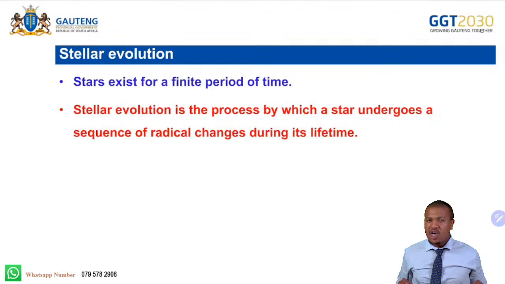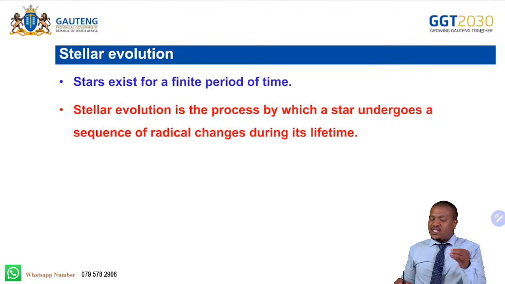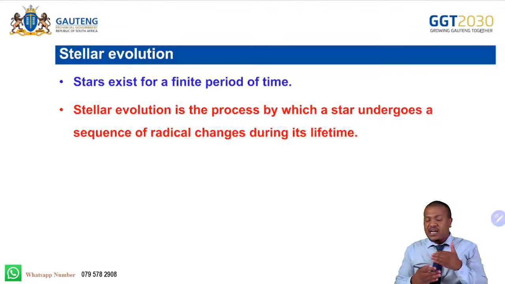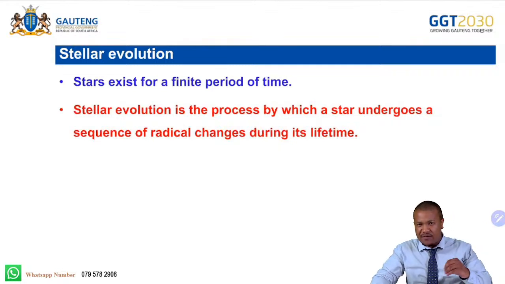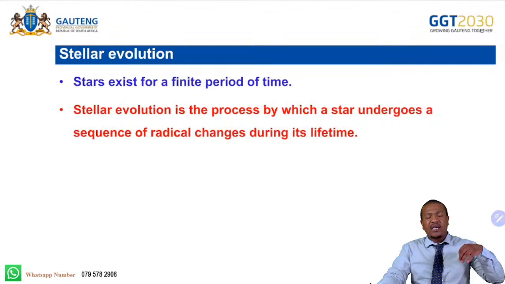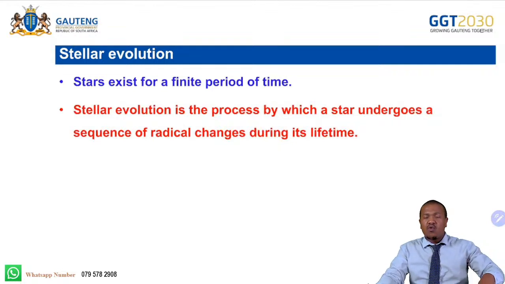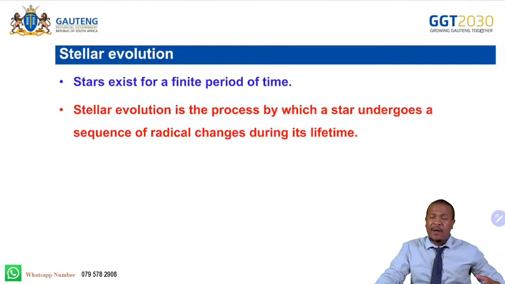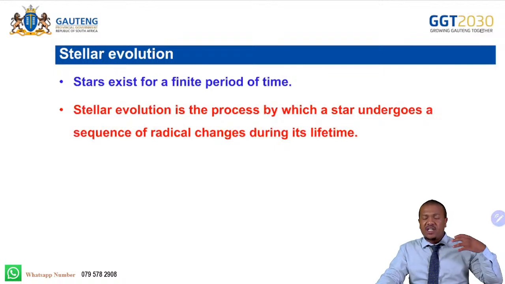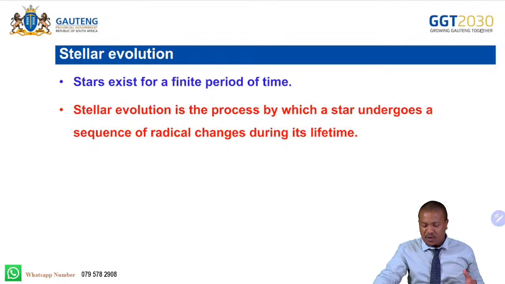Are we together? So stellar evolution now is the process by which the star undergoes a sequence of radical changes during its lifetime, right? So as it is born, it undergoes certain stages of development, right? Up until it keeps on glowing in its main sequence, shining, and until it dies, right? This is what we're going to talk about today.